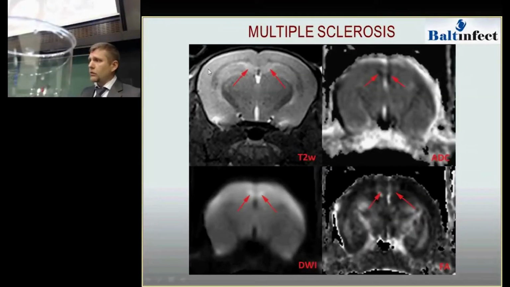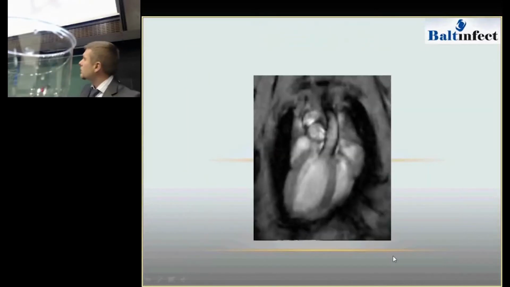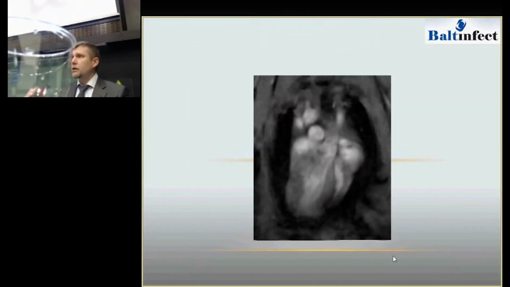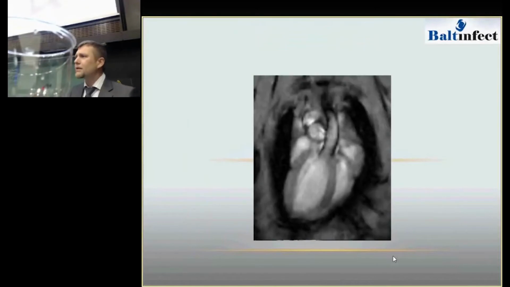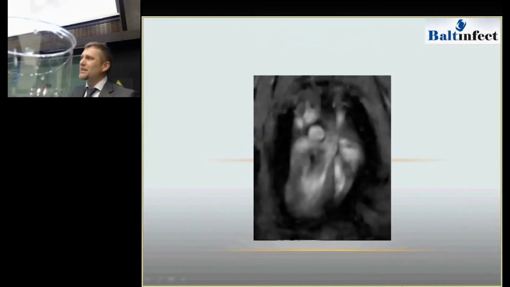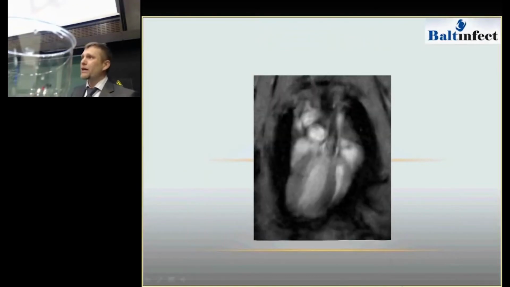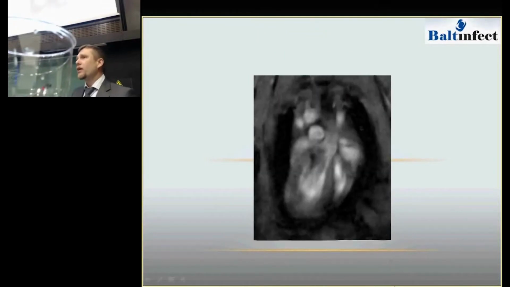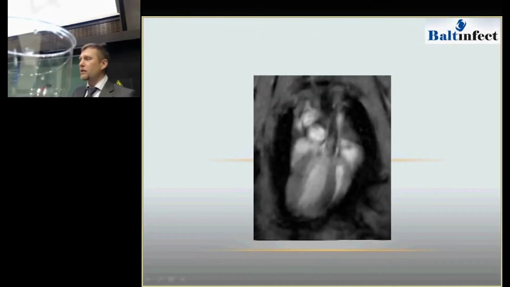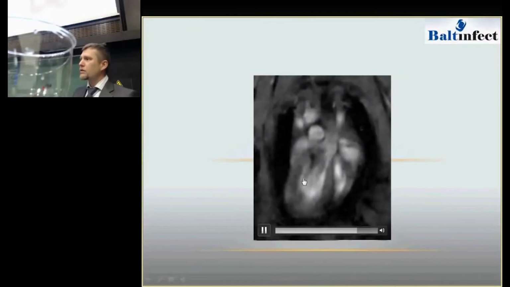We also used a model of multiple sclerosis. You can see demyelination here on diffusion. And this picture is only for aesthetic reasons. It's a beating heart of a mouse. The heart rate of mice is more than 500 beats per minute, so it's rather difficult to reconstruct such images.